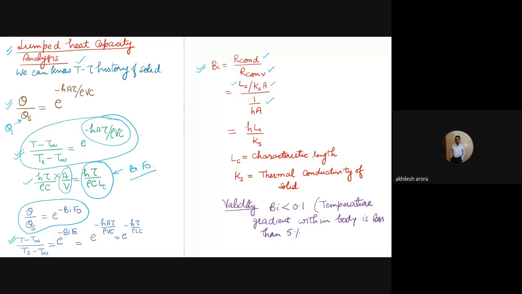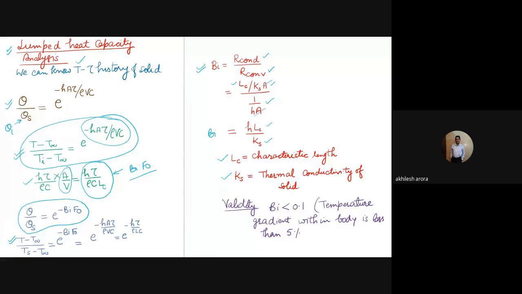Finally you can see certain terms will cancel out, like area and area, and we are left with h into Lc divided by Ks. So this is the value of the Biot number, the resistance due to conduction divided by resistance due to convection. Lc is the characteristic length, and Ks is the thermal conductivity of the solid.